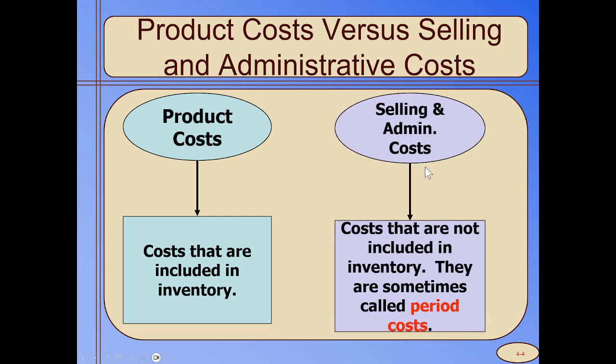In addition to the above, there are other costs that are not included in inventory, usually called selling and administrative costs or period costs. Examples of period costs include advertising, administrative salary, sales commission, insurance, and interest.